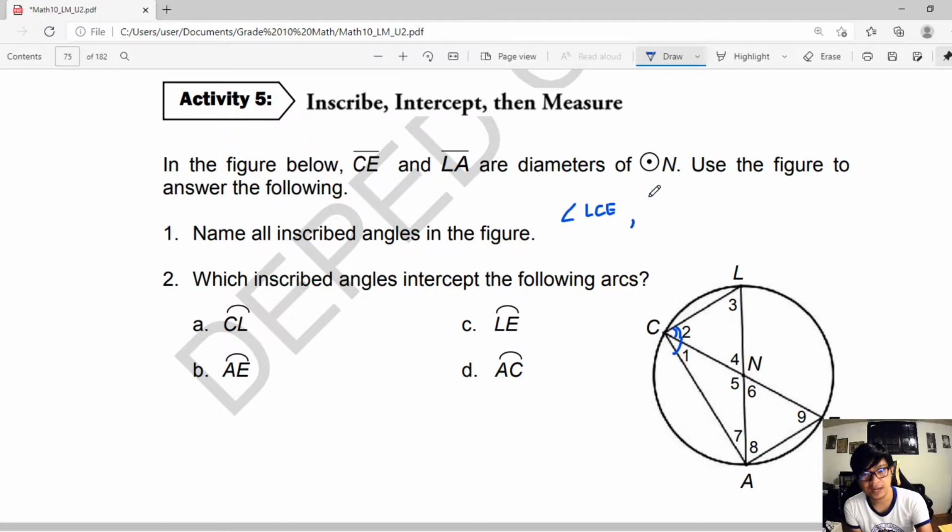So, actually, maraming inscribed angle kayong makikita. Ano pa ba? ACE. Angle ACE.